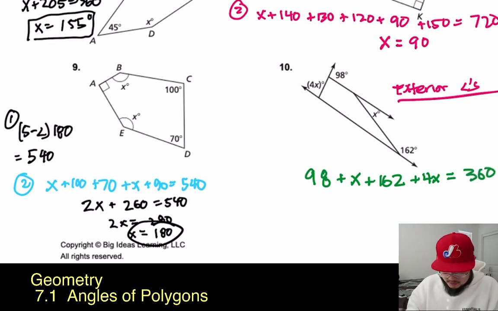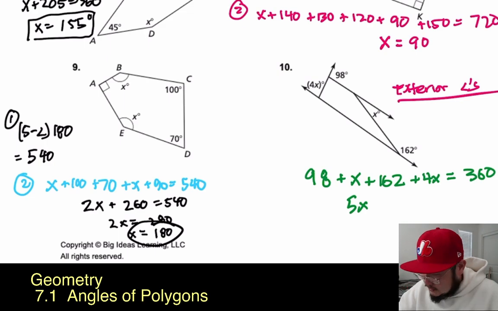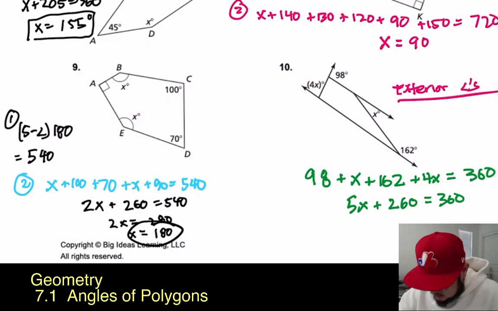Let's simplify this out. Combine like terms: 5x plus 260 is equal to 360. We'll subtract 260 from both sides and end up with 100.